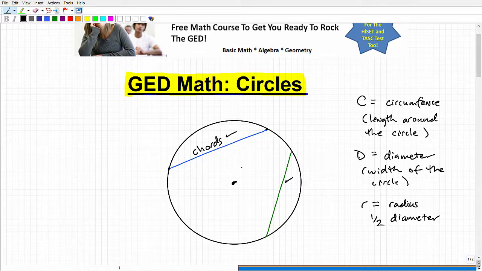Now, there is another term here. I'm going to draw it, and it's not part of the circle, but it's referred to with circles. I'm going to try to draw it the best I can here. Actually, that's pretty poor. Let me try to do it again. I'm free sketching this. Yeah, it's a little bit better. Okay, so imagine a line, and it touches a circle just at this one spot.